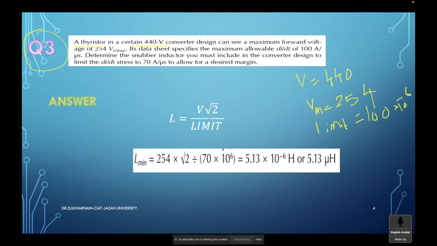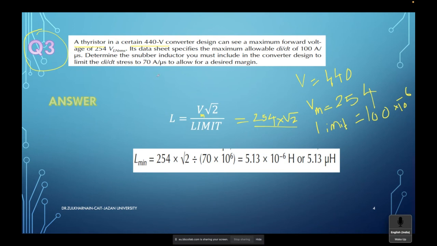So what is that? You have Vm, you can call this Vm. So Vm root 2. What is Vm root 2? Vm is 254, so 254 multiplied by root of 2, divided by the limit. What is the limit? 100 into 10 to the power of minus 6.